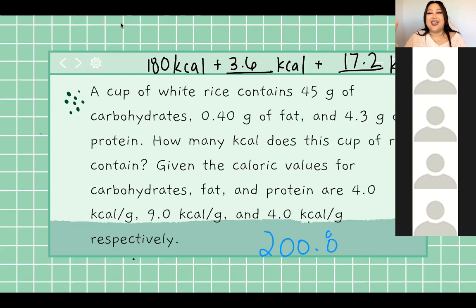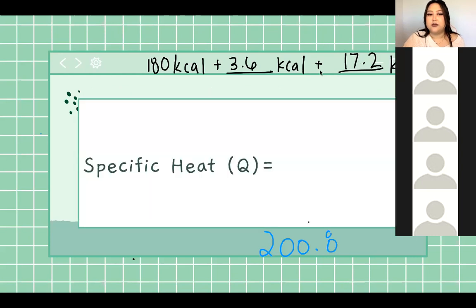Does anyone have any questions on this problem? No? Okay, so this is basically just a really long unit conversion problem with multiple steps. Okay, so let us move on to specific heat.